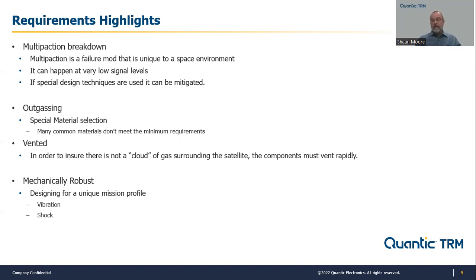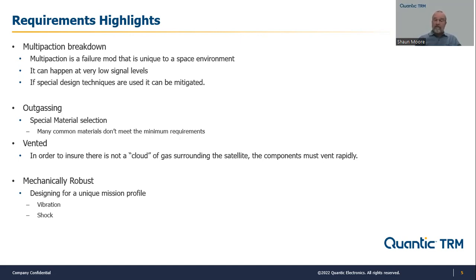The satellite is the largest mass local to it, and therefore you end up with a cloud of gas that surrounds the satellite. Again, that cloud of gas can collect on the surface and cause other problems, very much like an outgassing event. Therefore, we want to make sure that all components are vented in a way so that all of the gas trapped on the satellite at launch is fully dissipated by the time the satellite hits orbit.